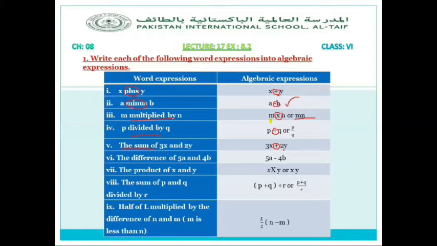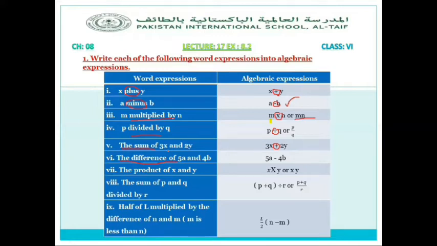It is the answer. Now in part number 6, the words introduced here are the difference of, like the sum of. The words sum of mean its mathematical sign is plus.